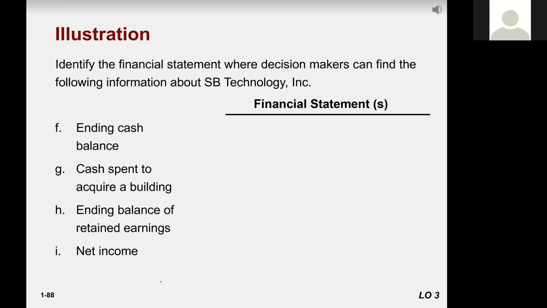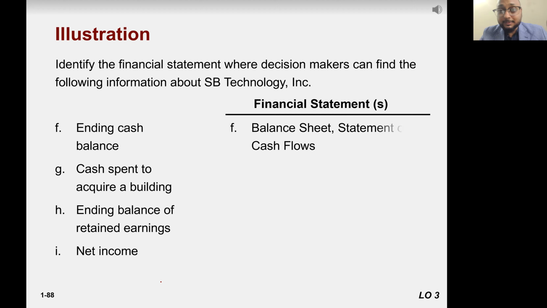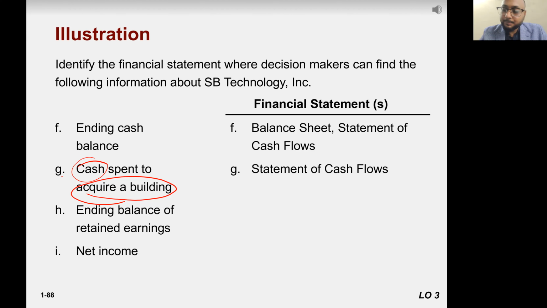Cash flow statement, and the balance sheet as well, right? Two statements. Cash spent to acquire a building: cash flow statement. Well done. Because in the balance sheet we report all the cash cumulatively, not a single cash spent on a building. But cash spent on a building will be in the cash flow statement. Well done, Mirko.